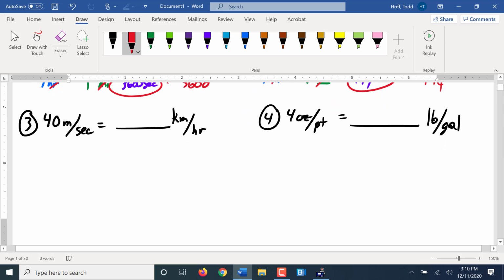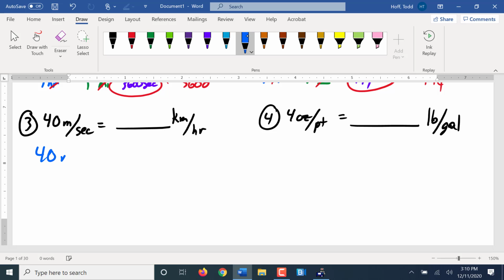Well, we're going to change it up a little bit here with metric. 40 meters per second is 40 meters over 1 second. We're going to change the seconds first here, going into hours. 1 hour is 3,600 seconds.